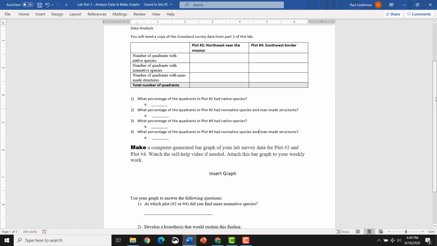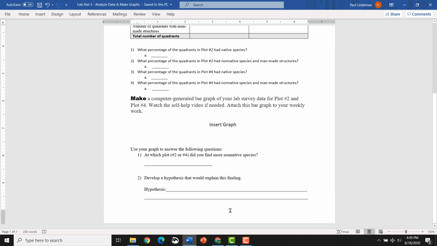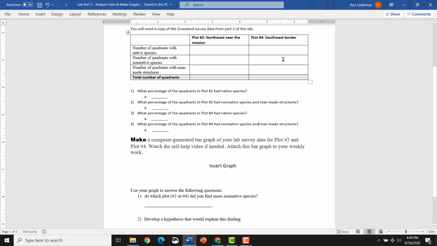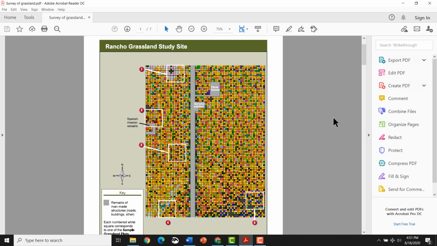Okay, then based on that, you're going to come up with a hypothesis. So why would you have more non-native species in one place versus the other? And to answer that, you should really go back to your data or to your plots to look at that. So this is a picture of the grassland study site, and we were looking at plot 2 right here and plot 4 right here.